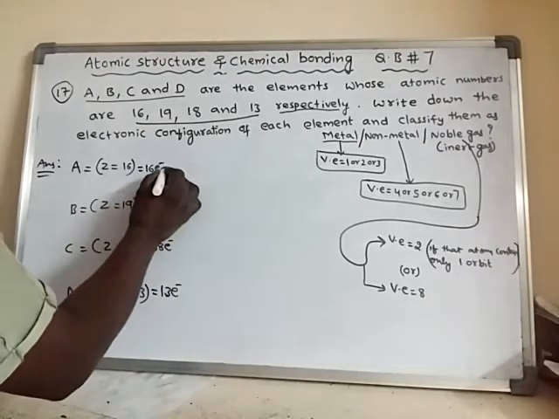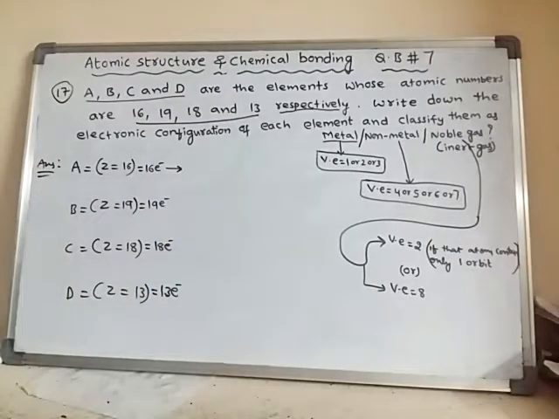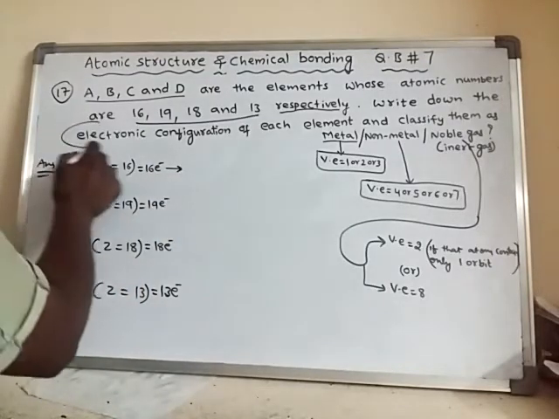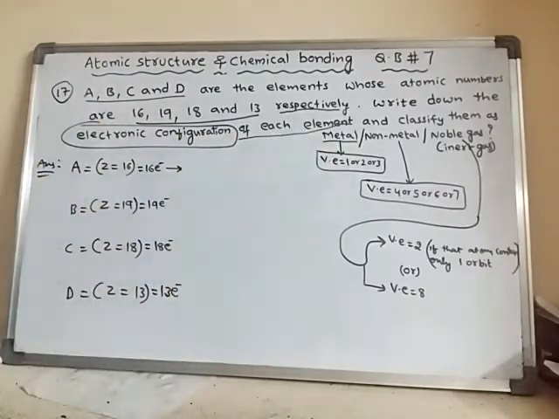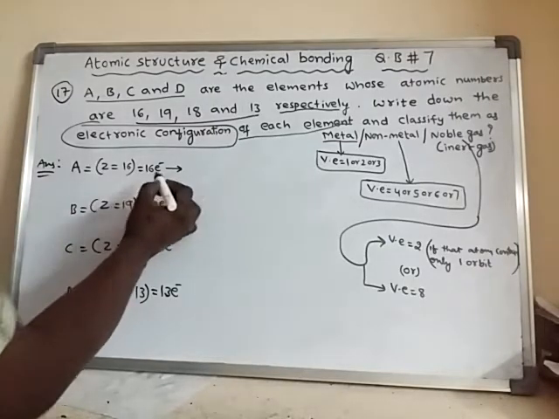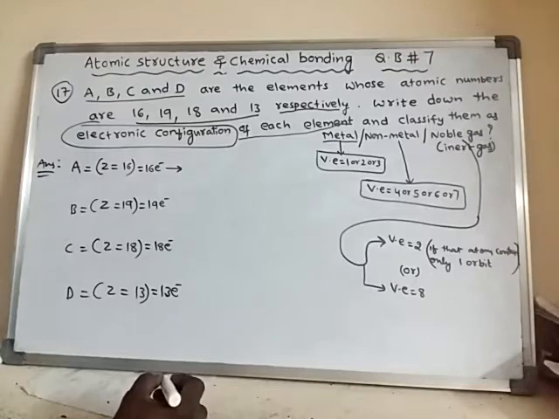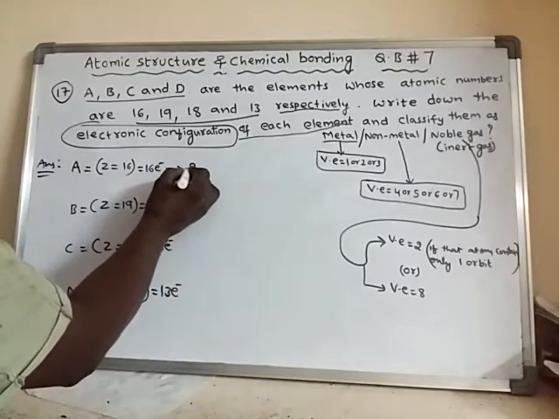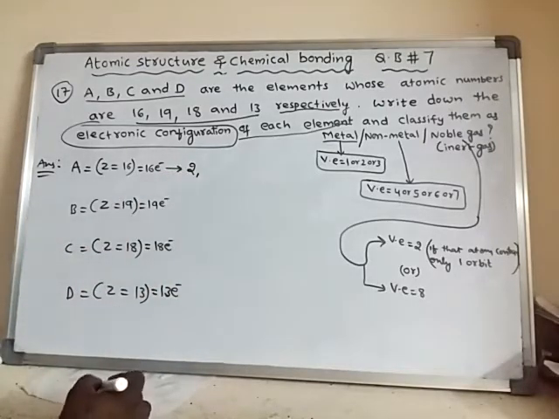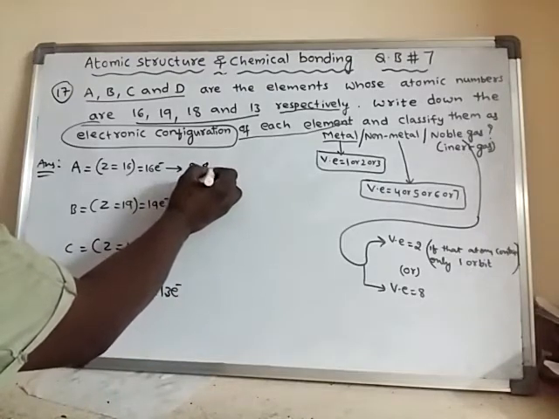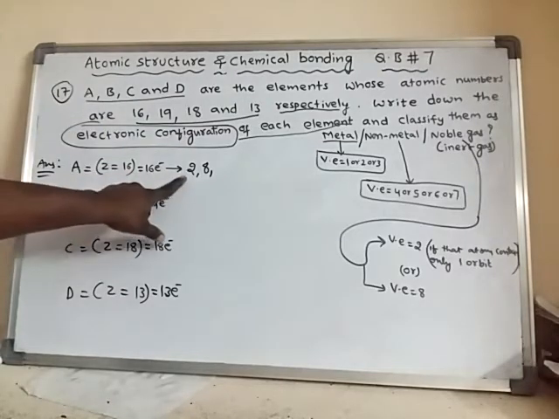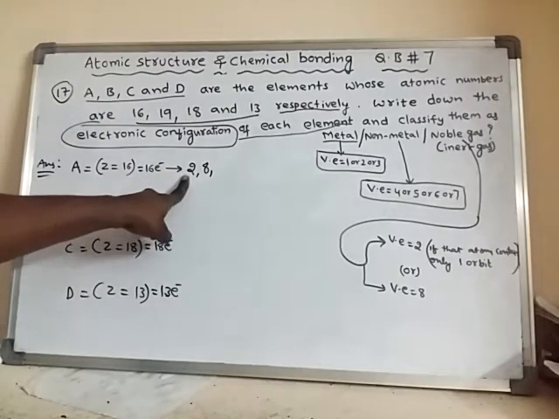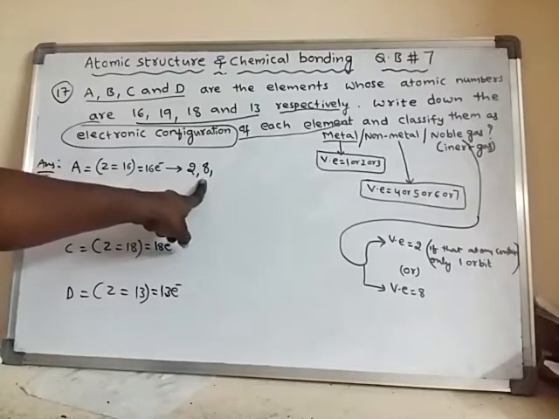Now how will the electronic configuration be written for each element? If there are 16 electrons, initially 2 electrons go in the first orbit and 8 electrons in the second orbit, because the first orbit's maximum capacity is 2 electrons and the second orbit's maximum capacity is 8 electrons.